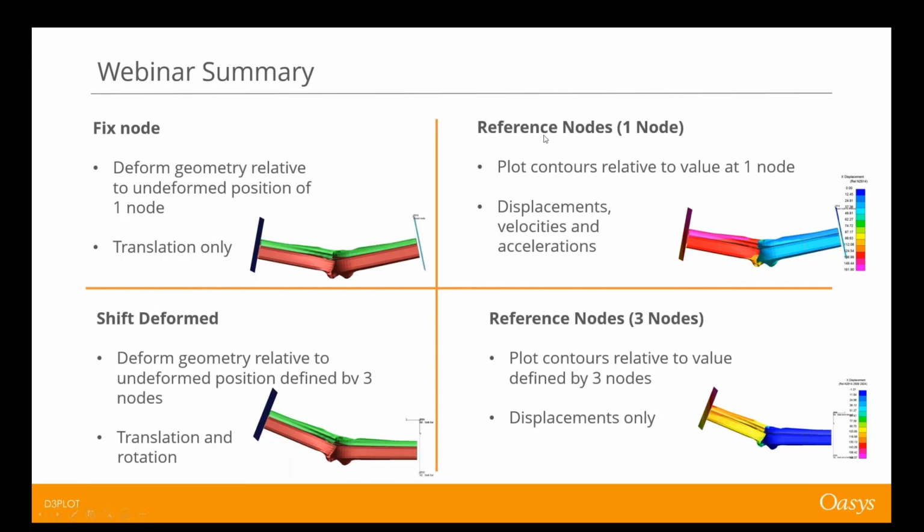The ones in the sort of top row of this table are similar to each other in that they're fixing the deformation of just 1 node, whereas shift deformed and reference node, these 2 are changing the deformation relative to a coordinate system which is defined by 3 nodes. And I can't have fixed node and shift deformed on at the same time. Likewise, I can't have reference node 1 node and reference node 3 node options on at the same time.